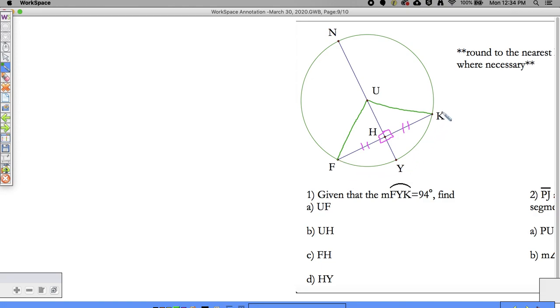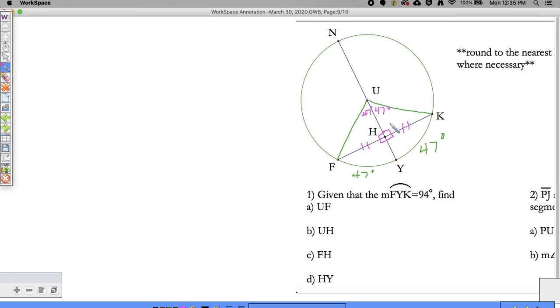So arc FYK is 94 degrees. So this entire arc here is 94 degrees. NY, let's not lose sight of that, NY is a diameter. So half of 94 is going to be 47. So this arc is 47 degrees. This arc is also 47 degrees. So some of the things that I'm realizing is that if arc FY is 47 degrees, then the central angle is 47 degrees.